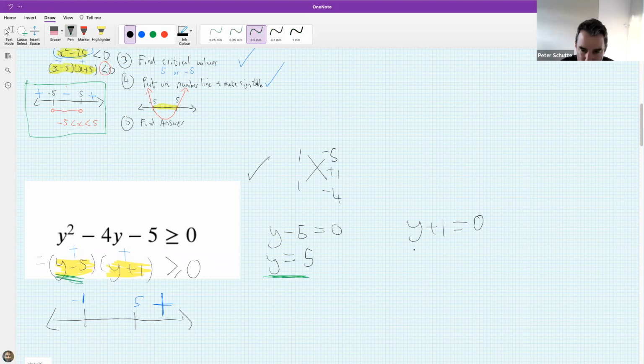And for this one, if I take away 1, I get -1. This critical value goes with that bracket there. So Atuli, does that make a bit of sense about how they're connected?